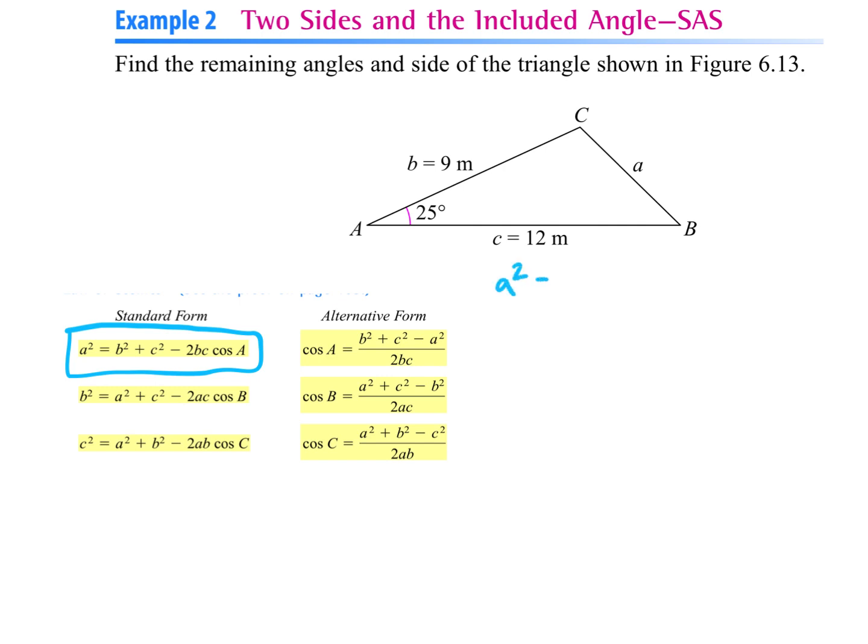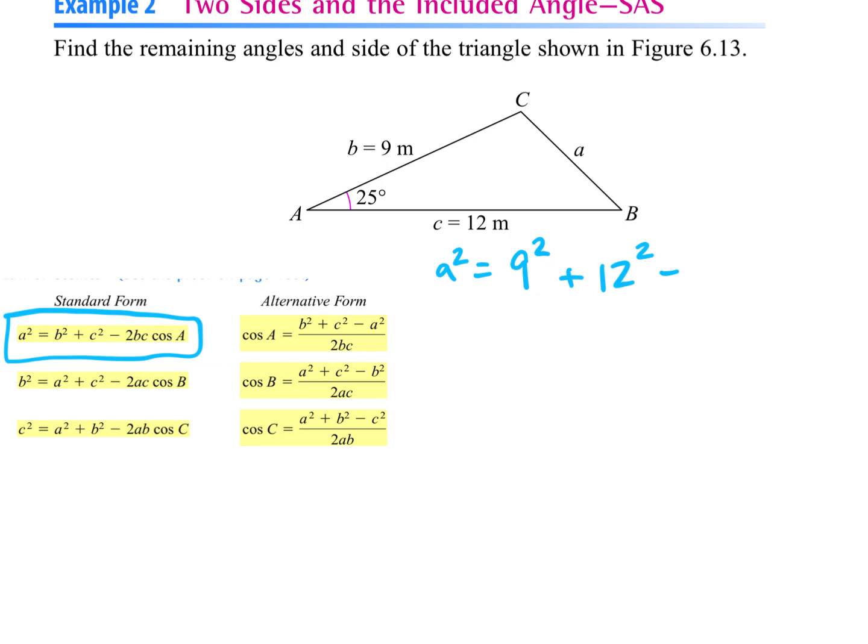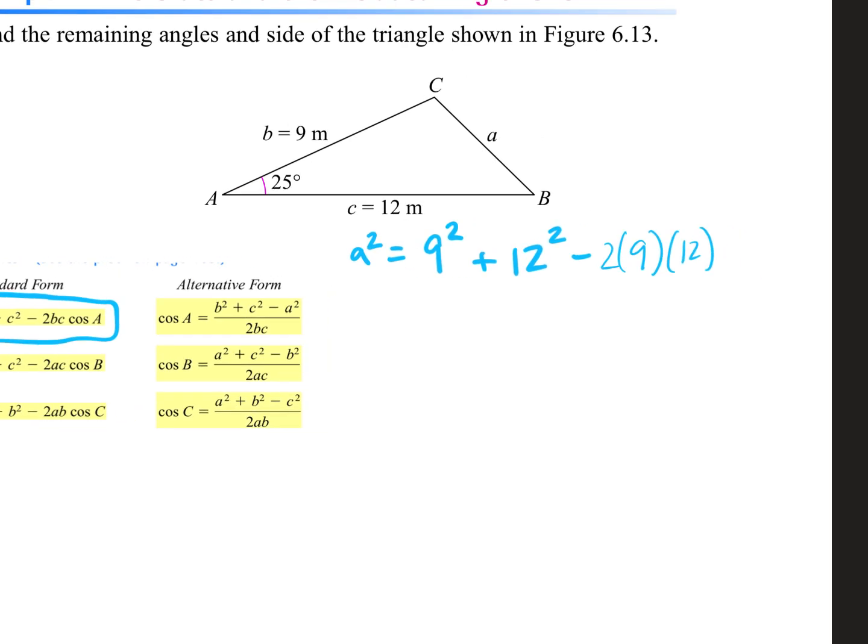So I have A squared is equal to B squared, which would be 9 squared, plus 12 squared minus 2 times B times C times cosine of A. So 2 times 9 times 12 times the cosine of 25. So we're going to put all of this into the calculator.